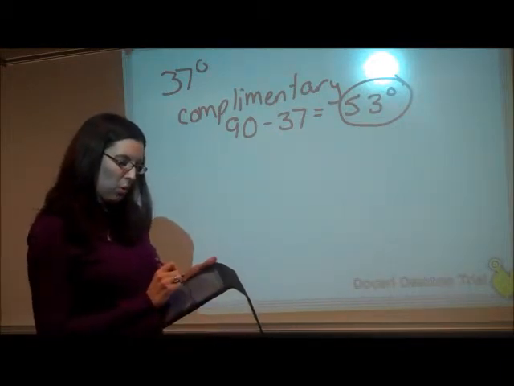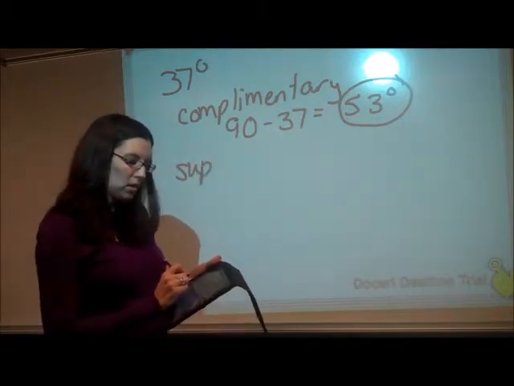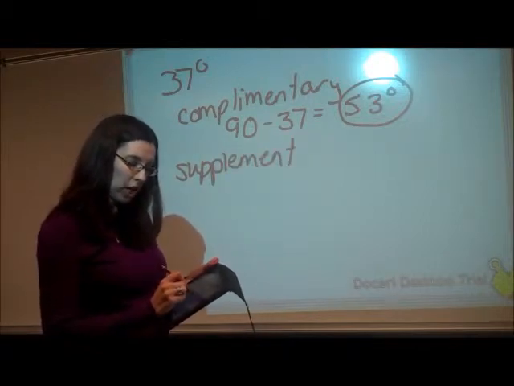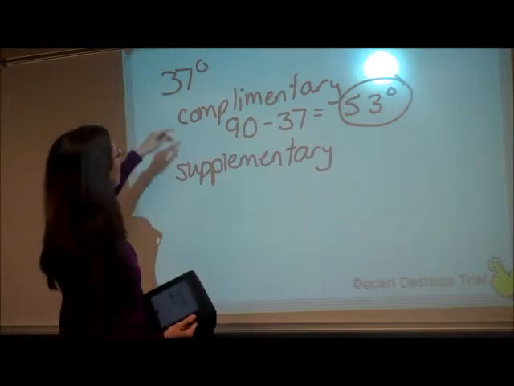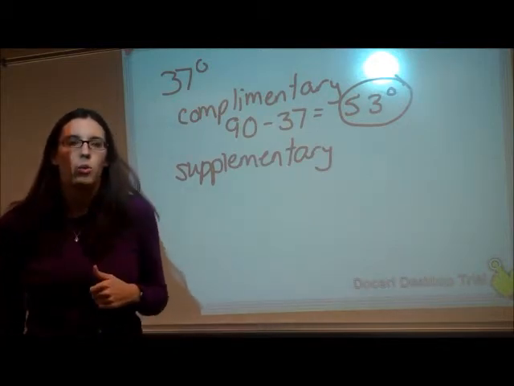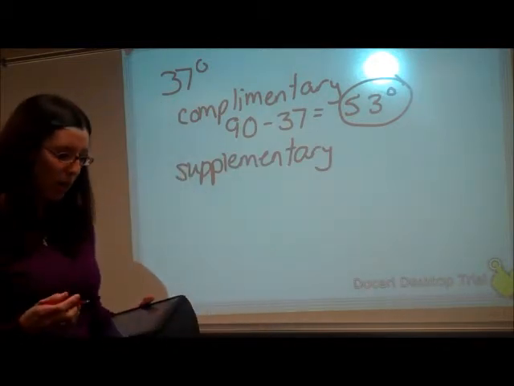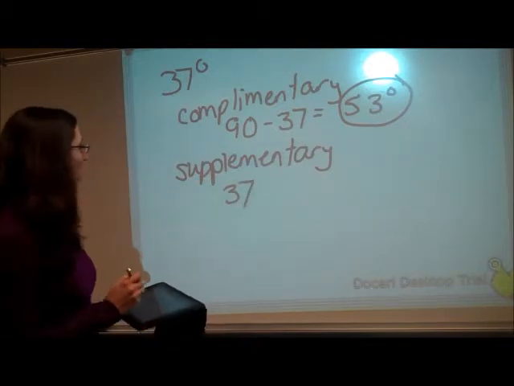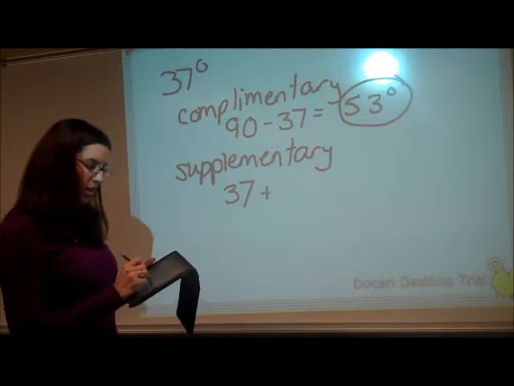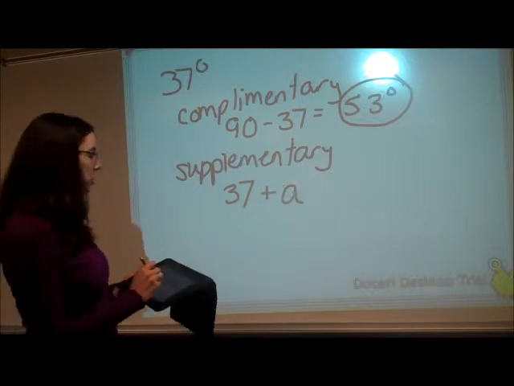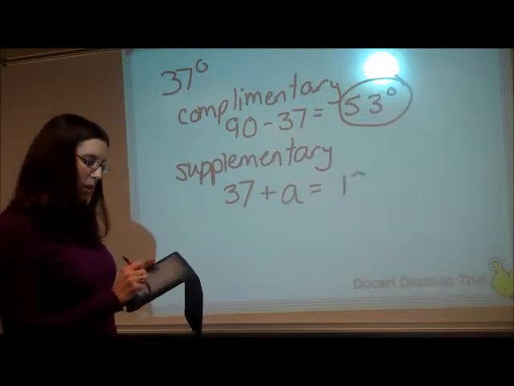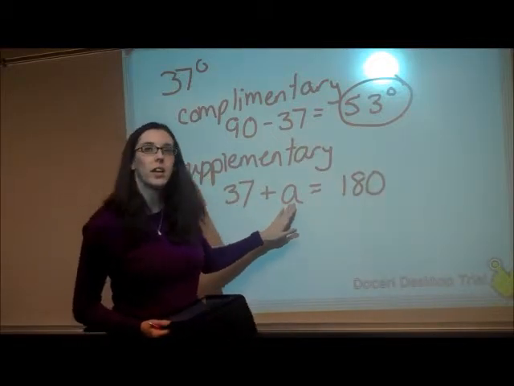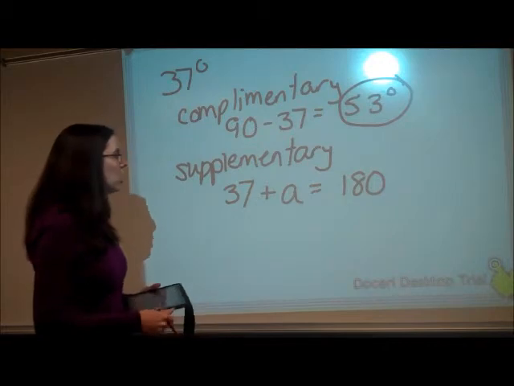Now, what about its supplement? An angle that is supplementary to our 37 degree angle. If you look at this algebraically, we have a 37 degree angle. I want to add an angle measure to it to get 180 degrees, because supplementary are the two angles that add together to give me 180.